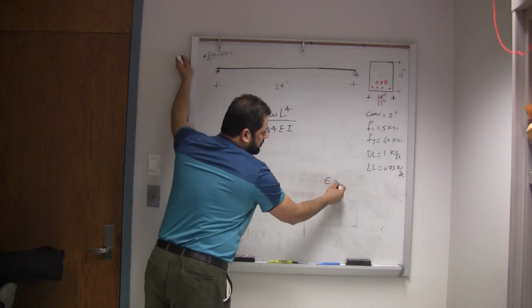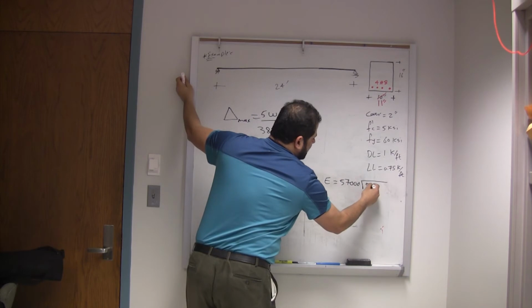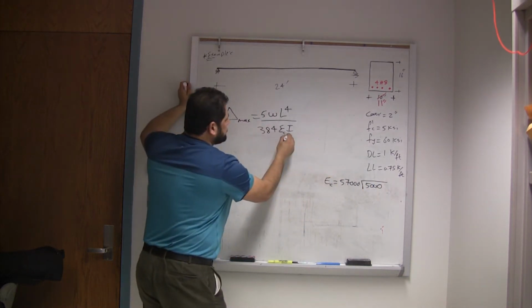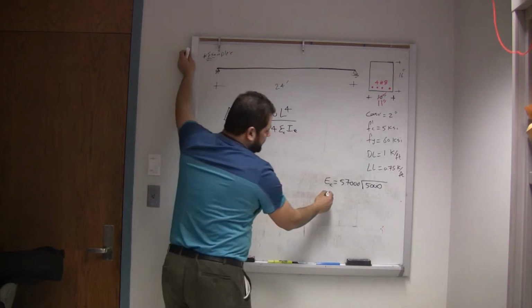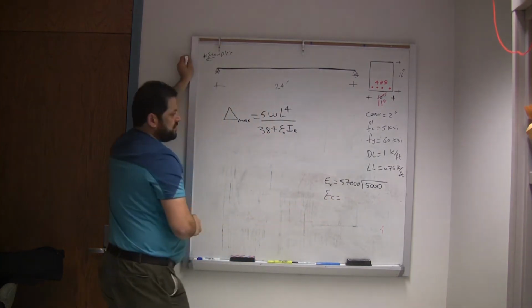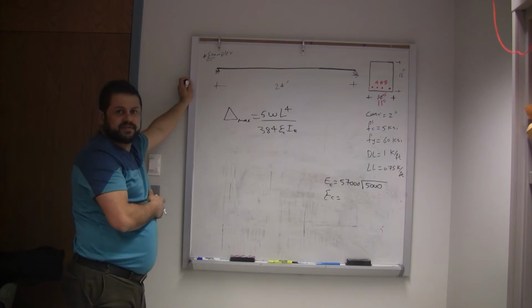Ec equals 57,000 square root of 5,000. This is Ec, and this is I effective. So Ec equals 57,000 times square root of 5,000.